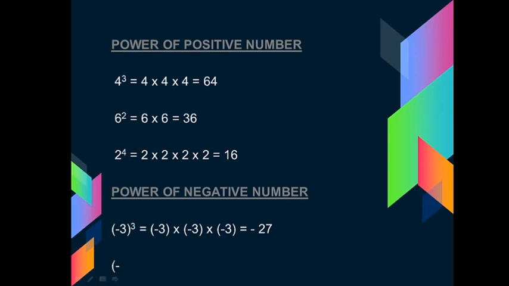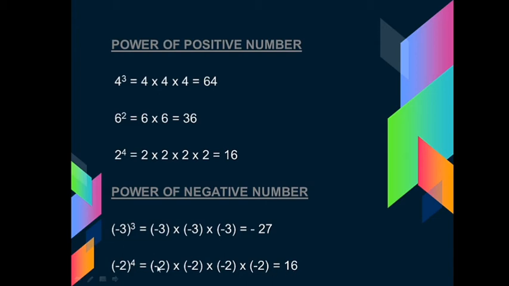Then one more example, minus 2 raised to the power 4 equals minus 2 into minus 2 into minus 2 into minus 2. So here minus 2 is given as a base and its exponent is given 4, and 4 is an even number. When an even number is given as an exponent for a negative base, the result will become positive.